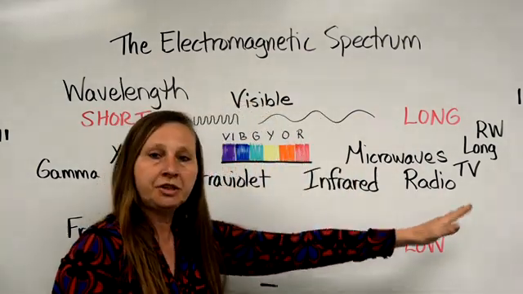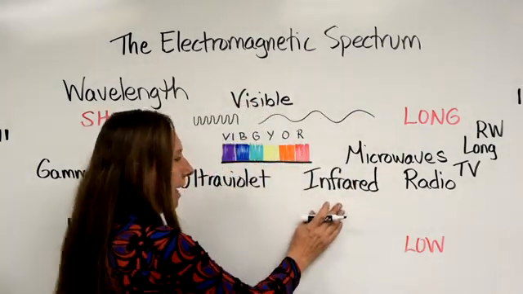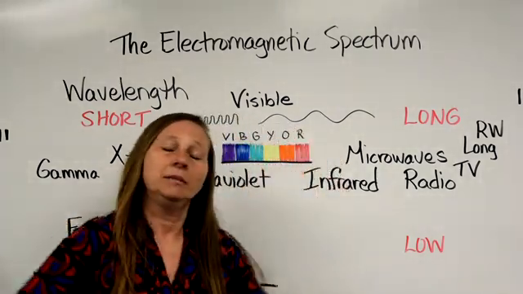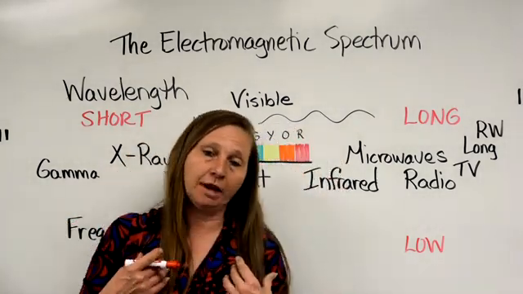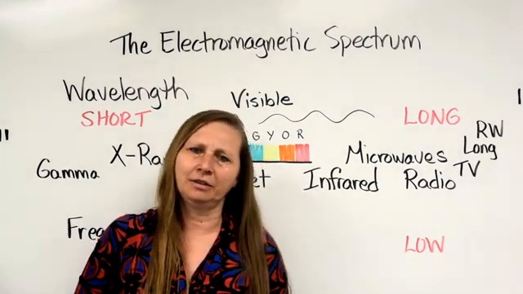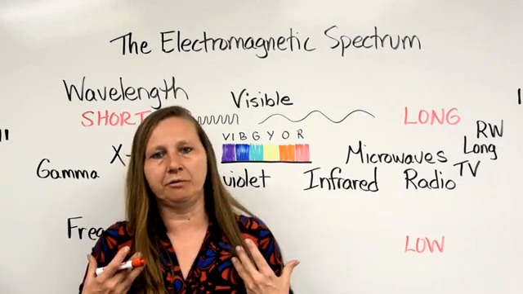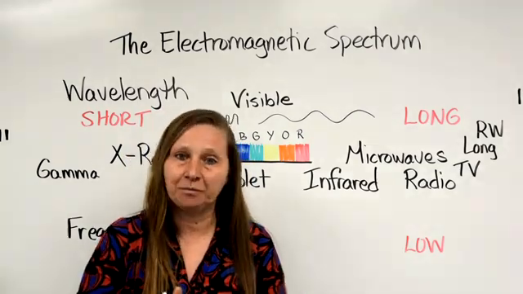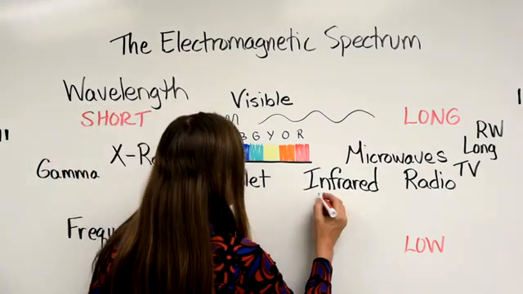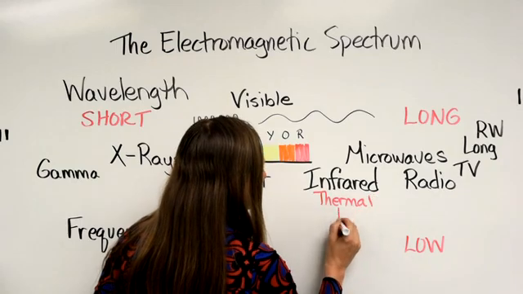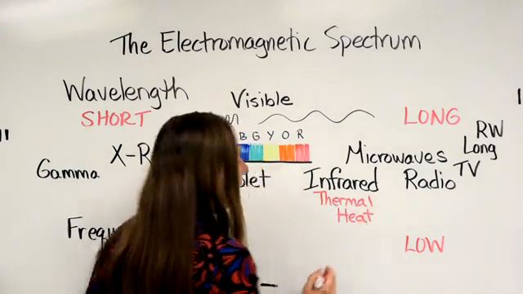Now, on this side, infrared. What is infrared? Well, I'm giving off infrared radiation right now, so are you. That's right, it's heat. Infrared or thermal radiation is called heat.